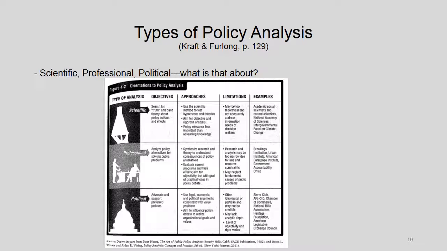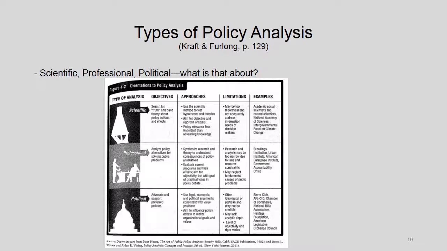And so then Kraft goes on to, and I'm going to kind of divert for a second, this idea that there are different ways of doing policy analysis. And he talks about scientific, professional, or political. I think this chart happens to be on page 129.